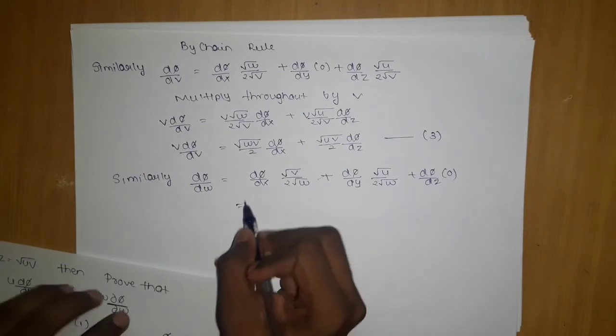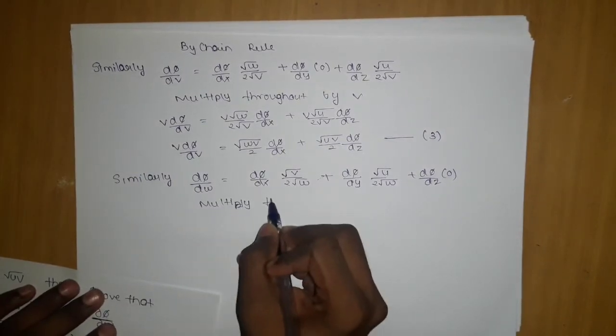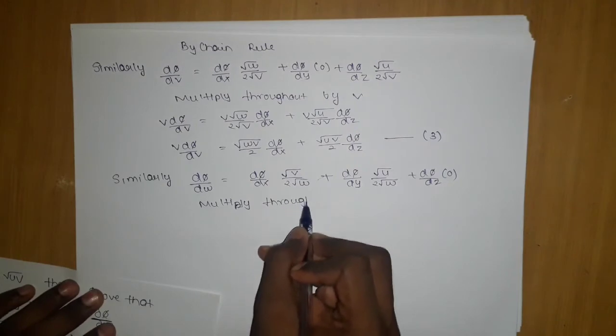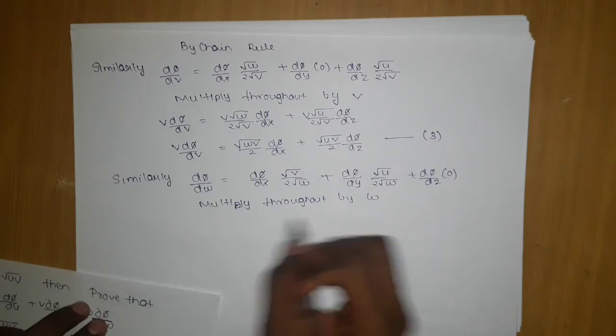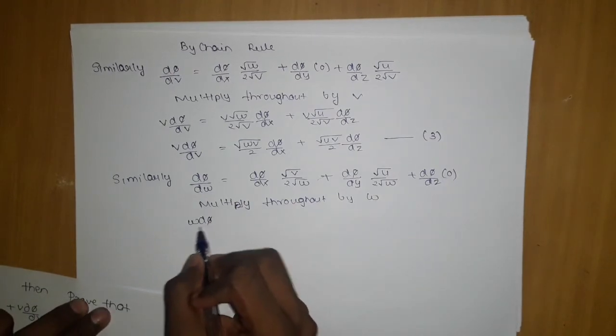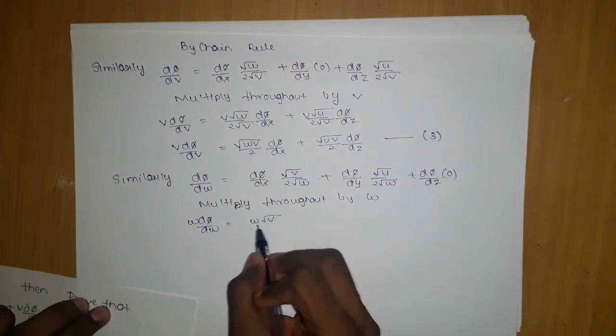What we are going to do, we know we multiply throughout by w dou phi by dou w. If I multiply, I am going to get this thing.